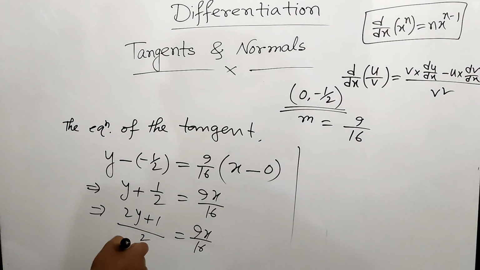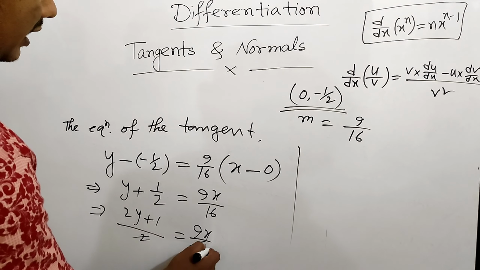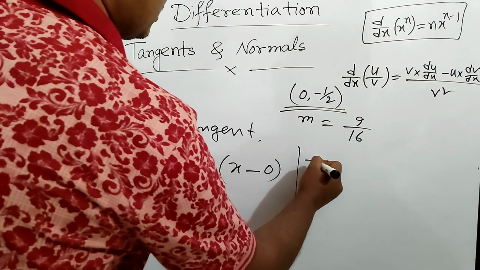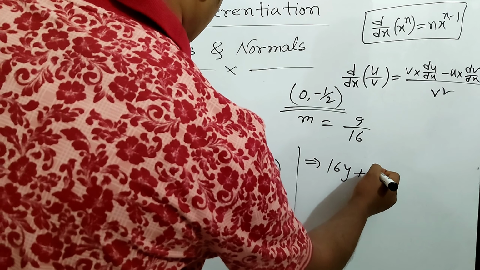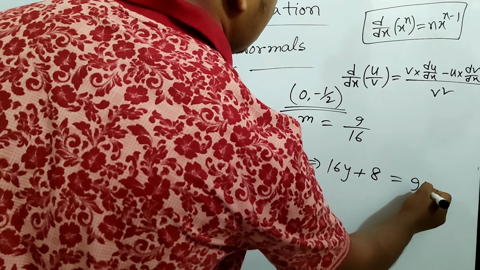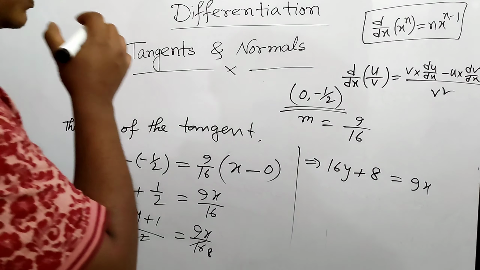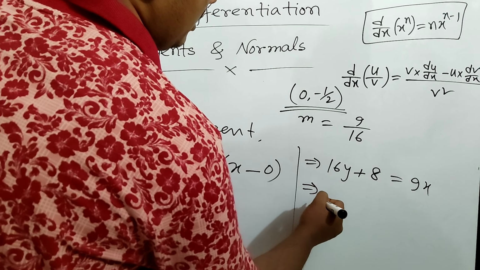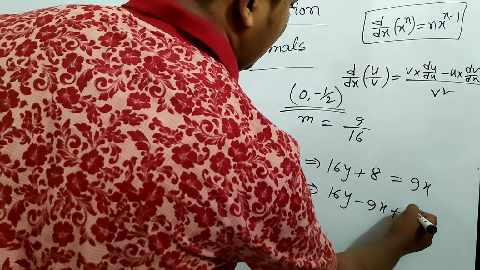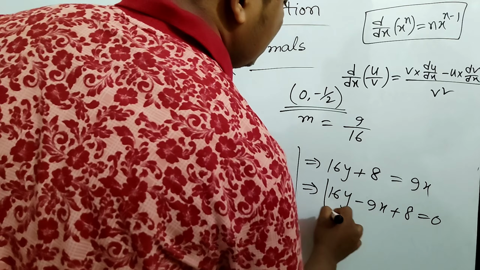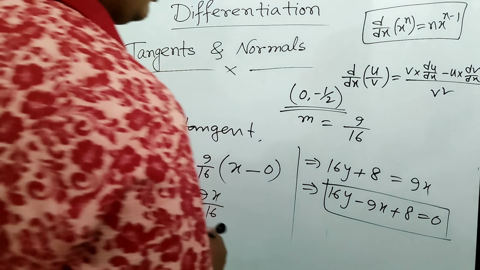So finally, you can cut this, that should be 8, so 16y plus 8 equal 9x, or you can say 16y negative 9x plus 8 equal 0. So this is the equation of the tangent.